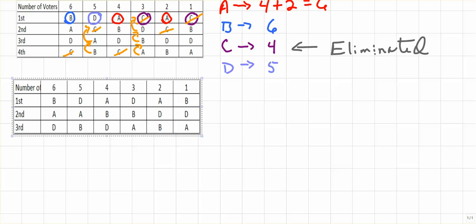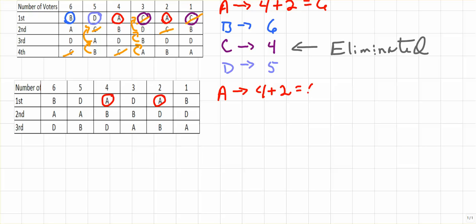And we're going to do exactly the same thing that we've done before. We're going to consider first place votes. Once again, A has 4 plus 2, which is equal to 6 first place votes. B now has a different total because of the way things have shifted up.